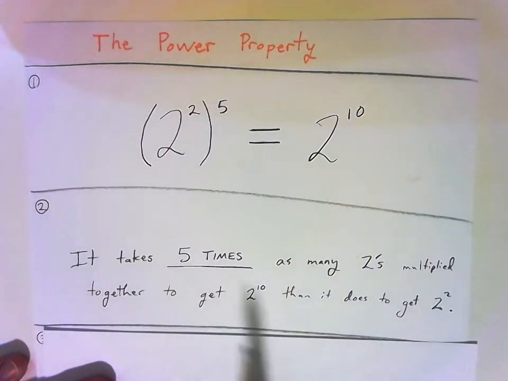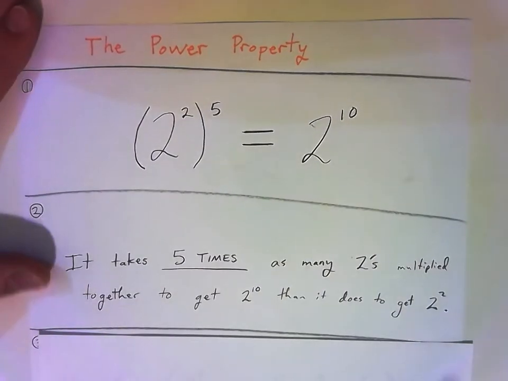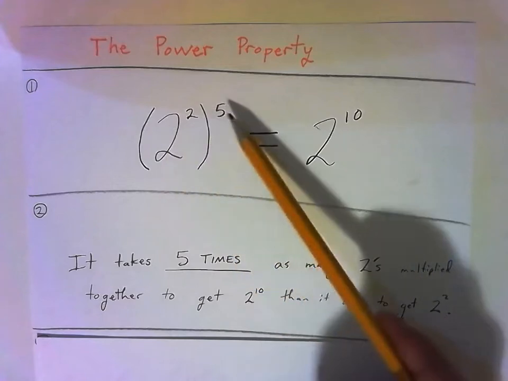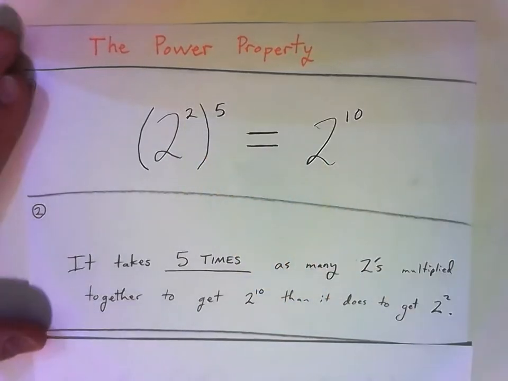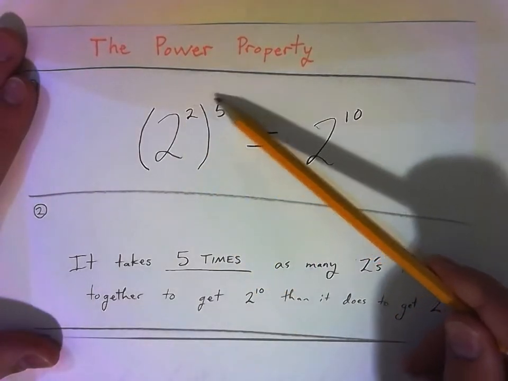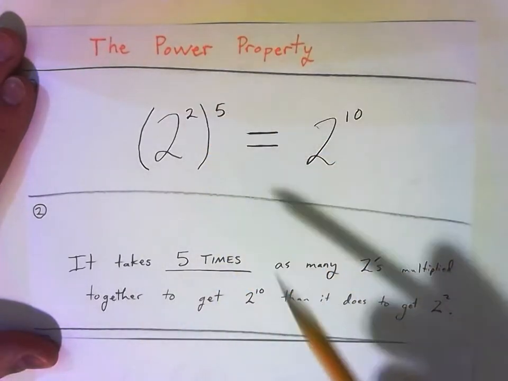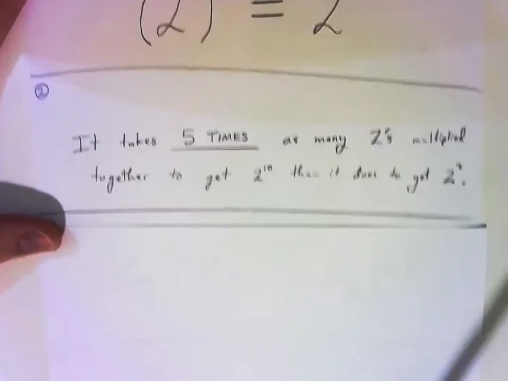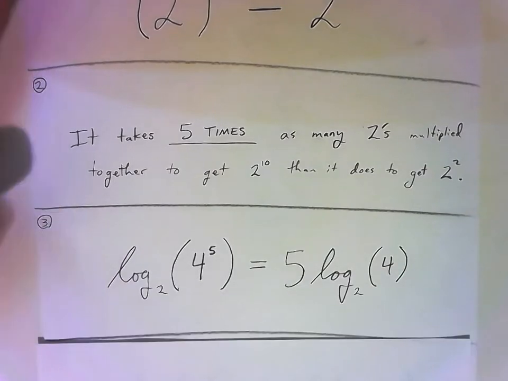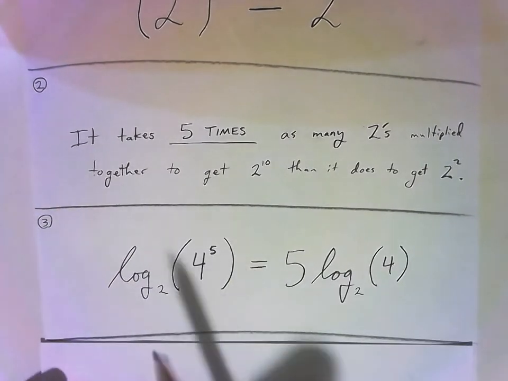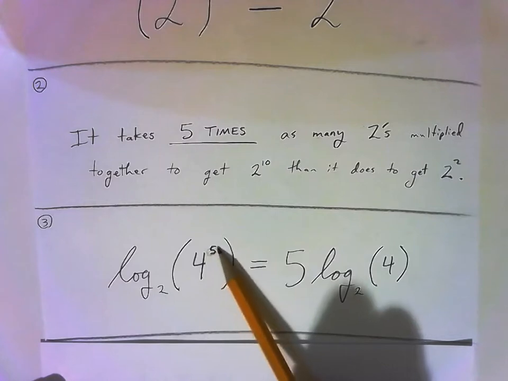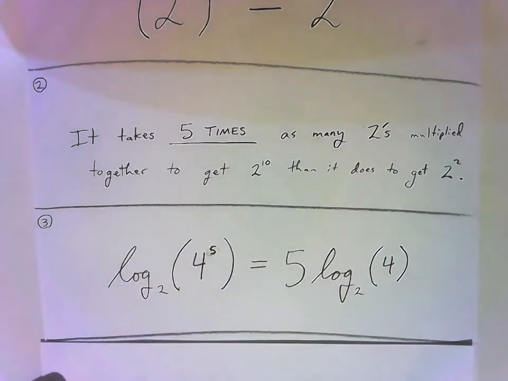Okay? So when we convert that to logs, because log tells you the exponent, when you have another power on the outside it is going to be multiplied. So you're multiplying the number of times. So when you're doing that with a log, the power will just come out here.